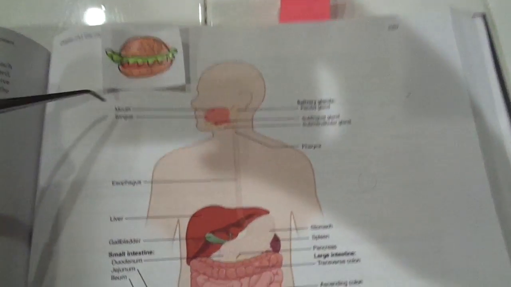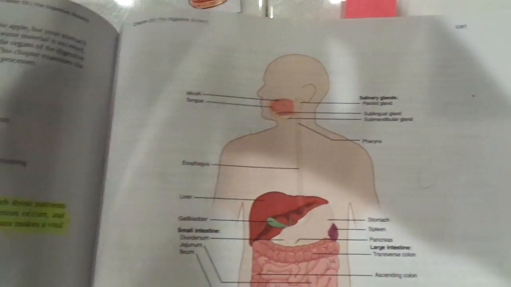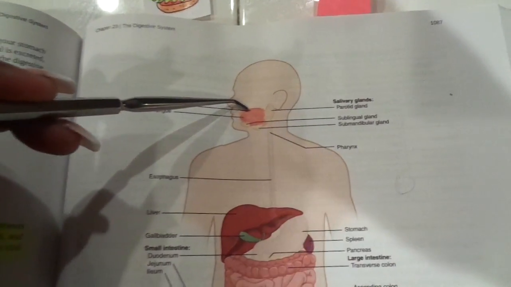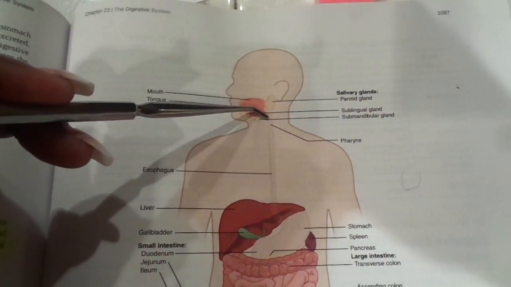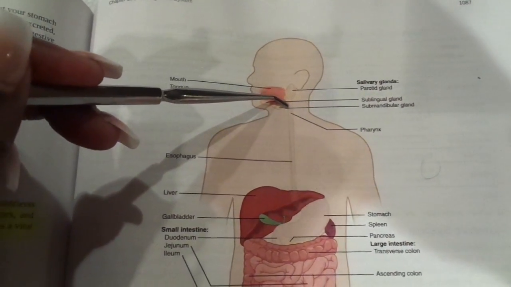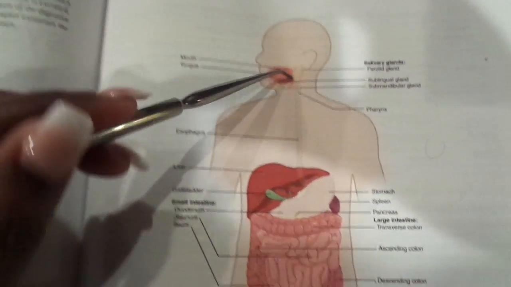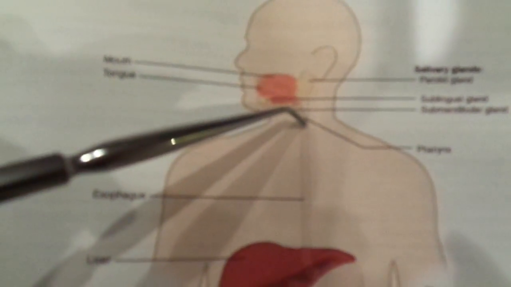So first, the mouth would take in and ingest the hamburger. Then the mouth would start to chew up the hamburger and mix it around, and it starts the chemical breakdown of the carbohydrates, and then it moves the food into the pharynx, which is right here.